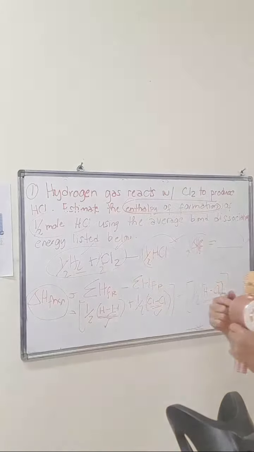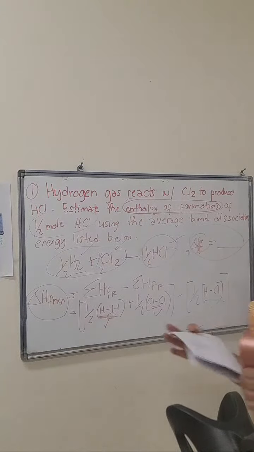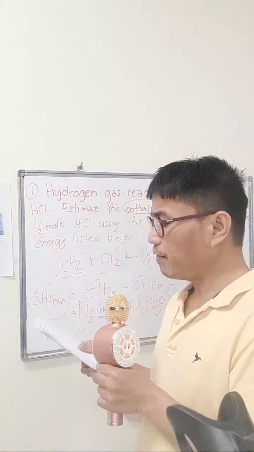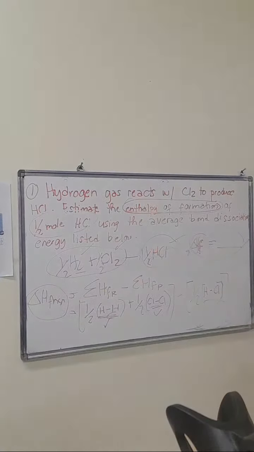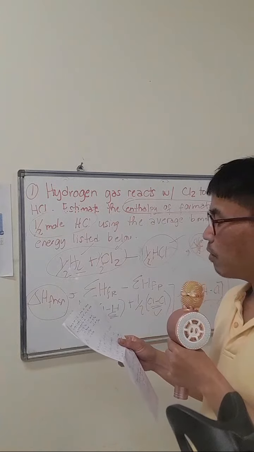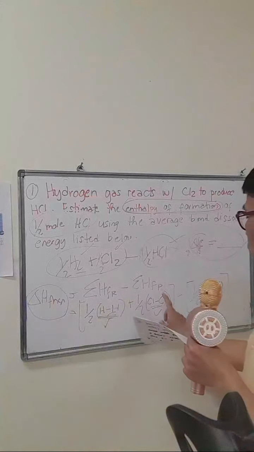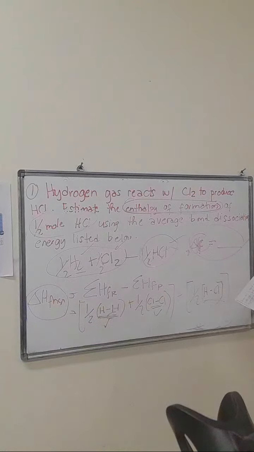Based on my research, I have 432 kilojoules per mole for the H-H bond, substitute here. Then chlorine to chlorine bond, 239, substitute here. And HCl 47, substitute here. Get the point?